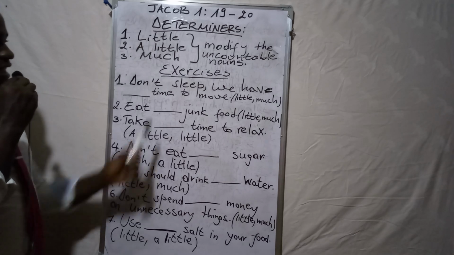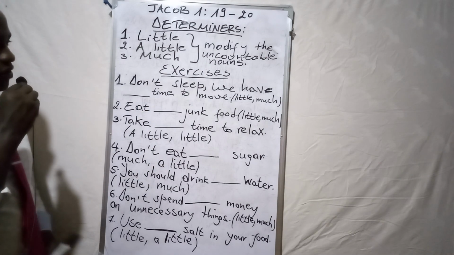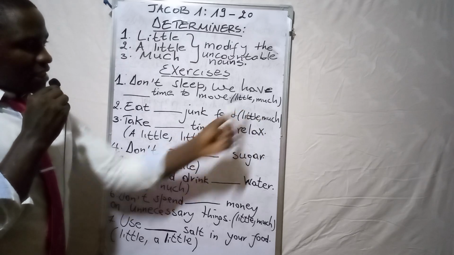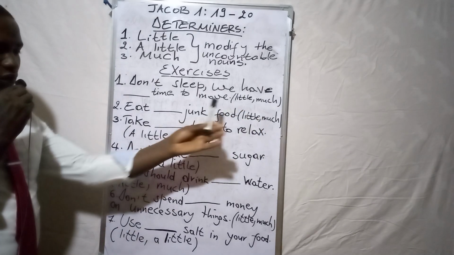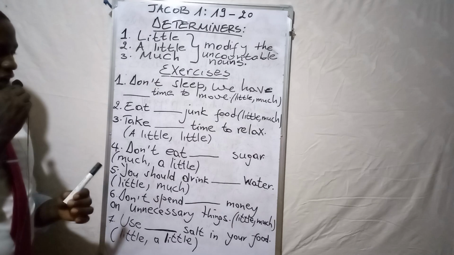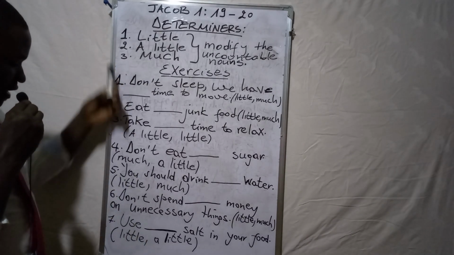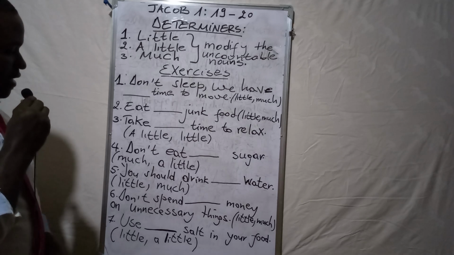So here we have the exercises that we are going to correct, to help you. We have brackets with alternatives that you have to choose from, to see which can be used in the blank space. We have at least 7 exercises.